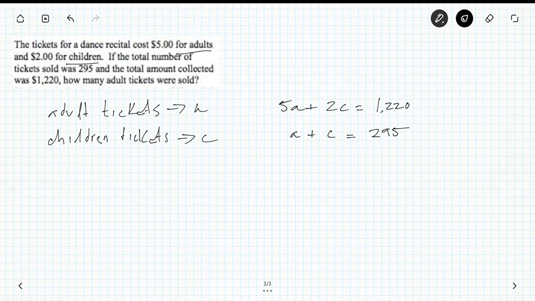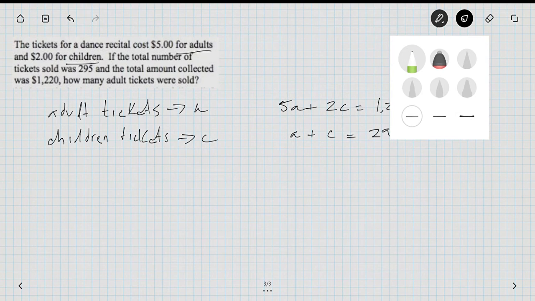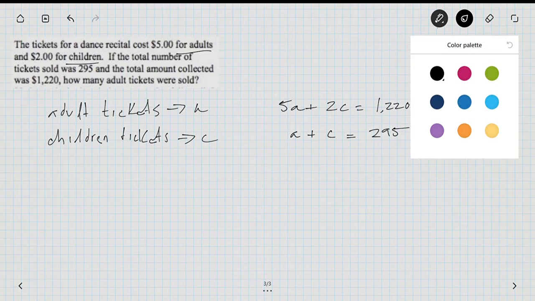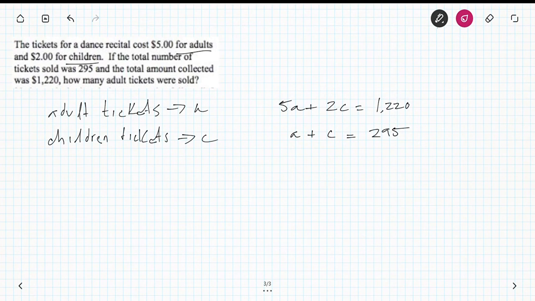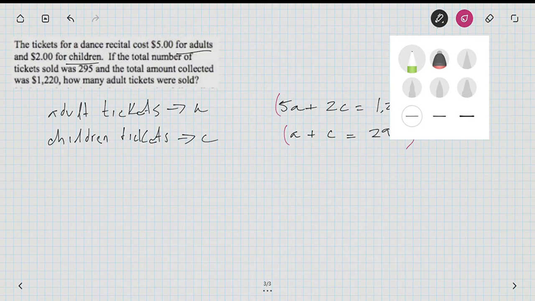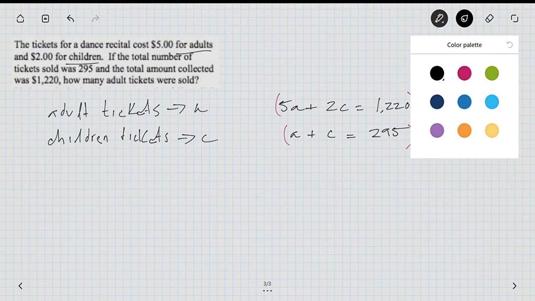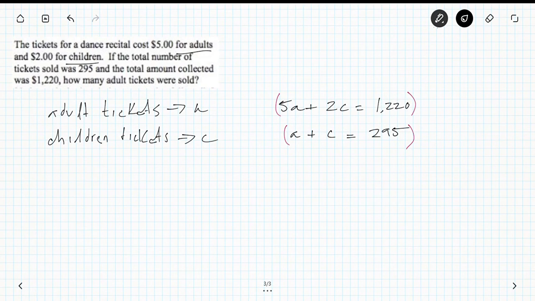Now this question goes a little deeper because it wants us to list how many adult tickets were sold, right? So what you want to do this time is eliminate one variable in this system. This is what you're going to do. You're going to grab this system and put a parentheses, and this system and put a parentheses. Now, in front of the system that doesn't have a number, for example the second line, you're going to put an imaginary 1 in front of both, because anything that gets multiplied by 1 is the same thing.